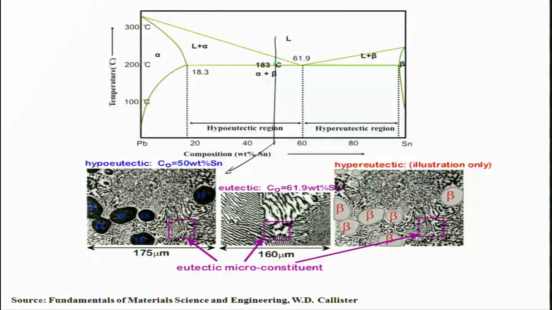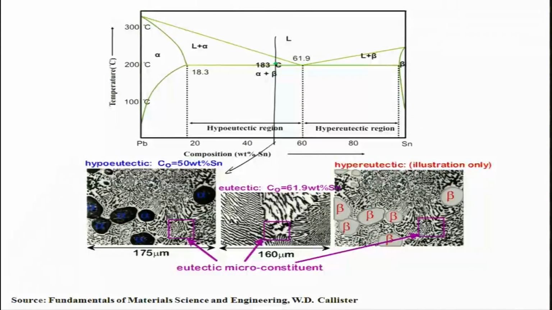At this point we have pro-eutectic alpha and liquid of this composition. This liquid transforms into a mixture of alpha and beta. So what you have is this lamellar structure where you can see these parallel white and black plates at various places. This is all eutectic, a eutectic mixture of alpha and beta present along with hypo-eutectic alpha.